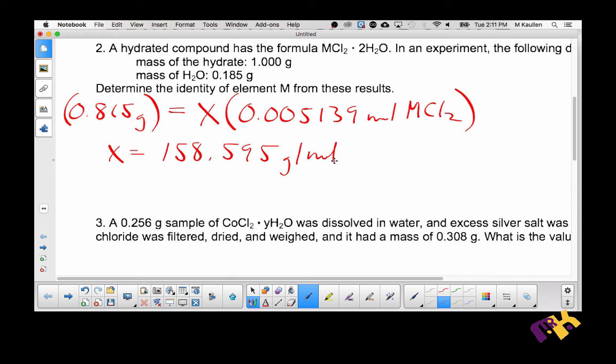Okay, so this is critical because now, what's the last thing we need to do in order to find out the molar mass of M? Yeah, Chris. There's 2 chlorides, so you take the mass of chlorine, multiply it by 2, and then subtract that from that. Correct, absolutely correct.